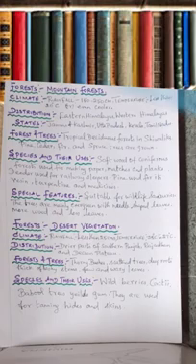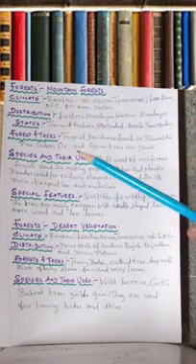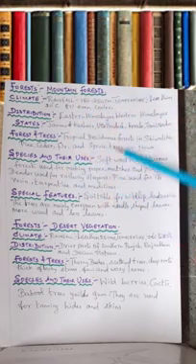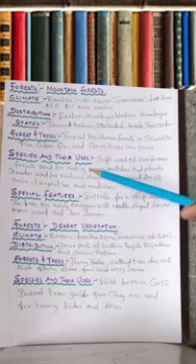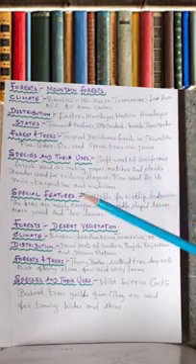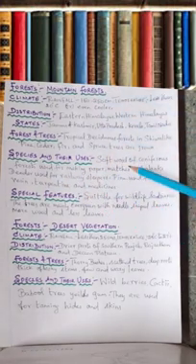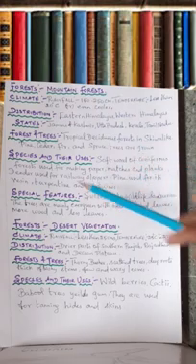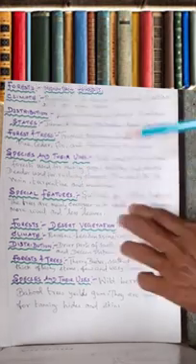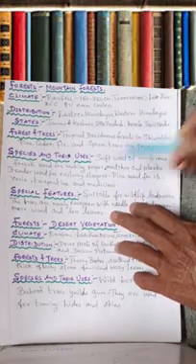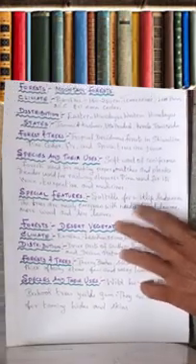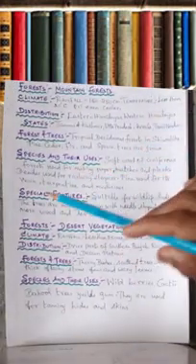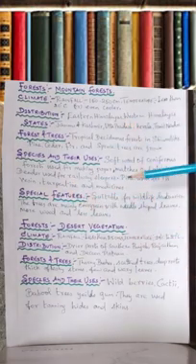Species and the uses. Out of this, in the species and the uses, you can pick up 2 points. Softwood of coniferous forest is used for making paper, matches and planks, that is 1 point. Deodar used for railway sleepers, 2nd point.